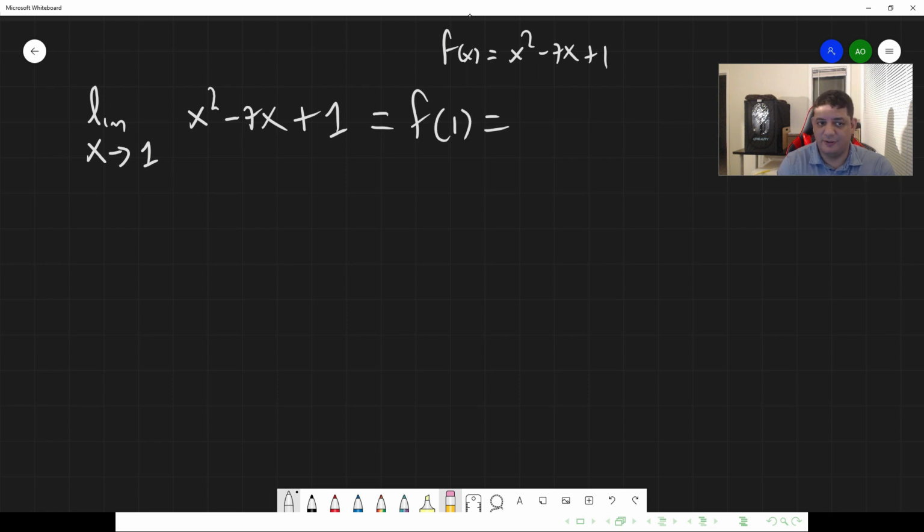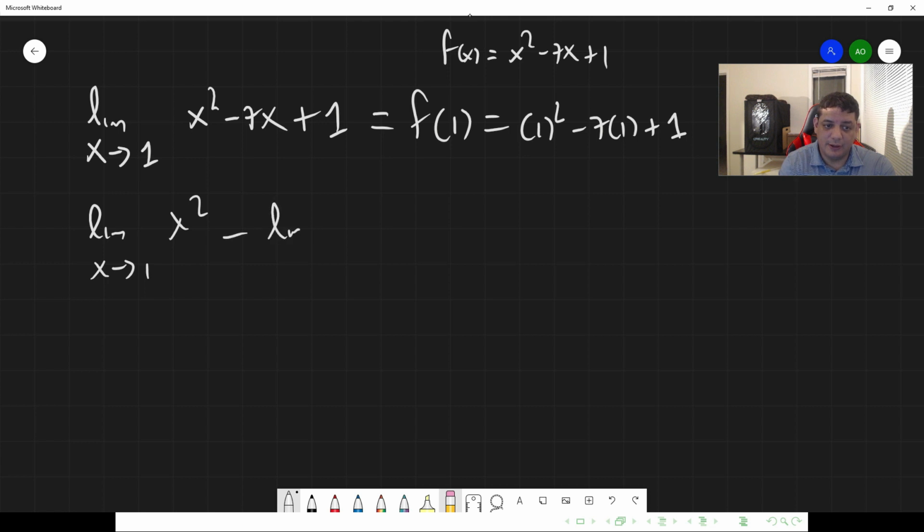So I can just essentially say, well, this is just going to be 1 squared minus 7 times 1 plus 1, which is essentially the same thing that I get if I split this limit into all the pieces that I can, right? Okay, so this is essentially doing the same thing, and I can arrive at the same point.